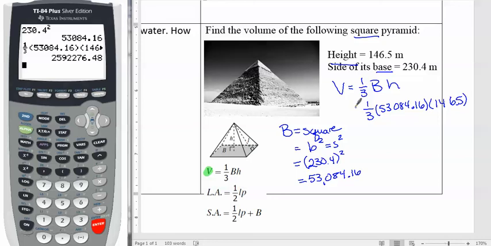And what do I get? 2,592,276.48. And my units on this are meters, so it's meters cubed.